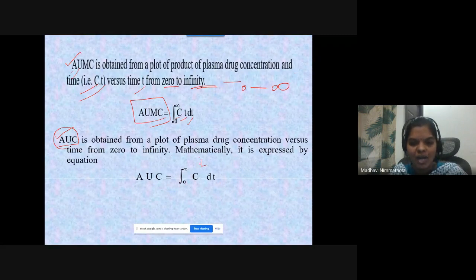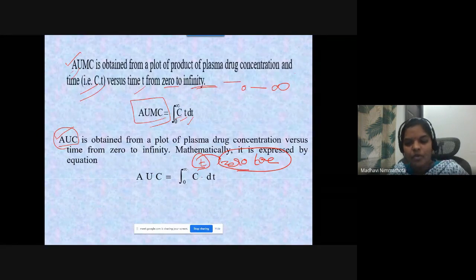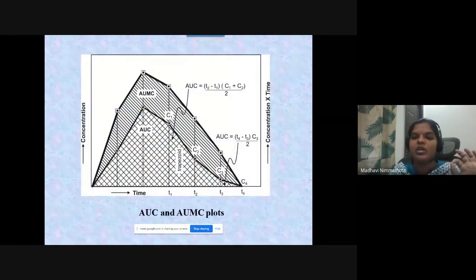Here no time is there because this AUC was obtained at 0 time, so you cannot consider this t here. Here only C is there. These two equations are similar. The only difference is that in case of AUMC you have a t, and in case of AUC you don't have a t.